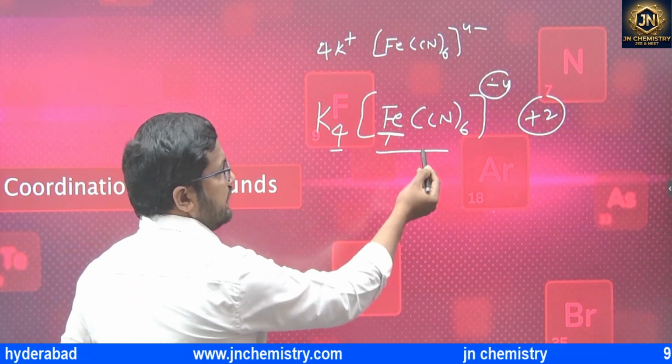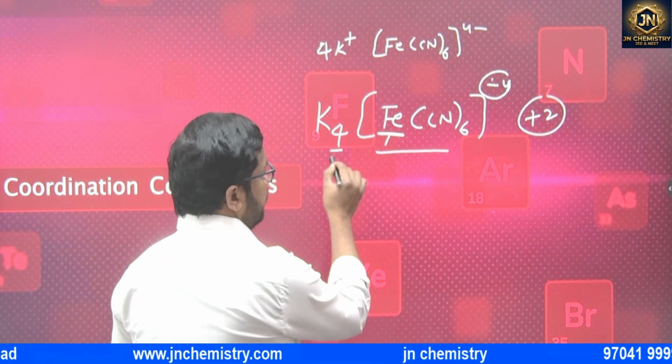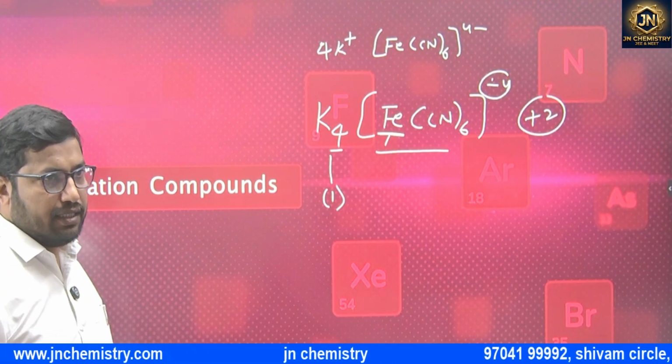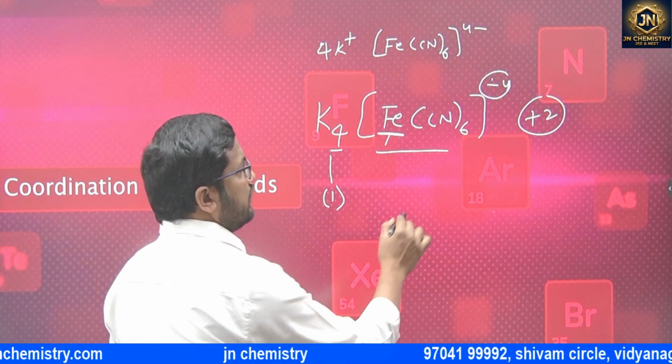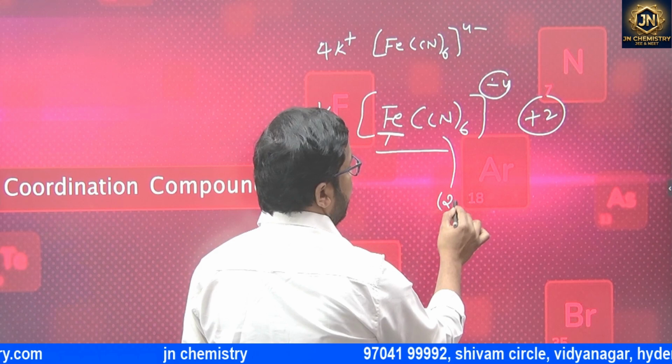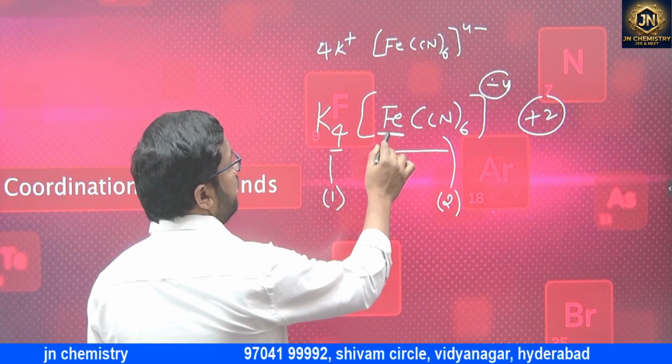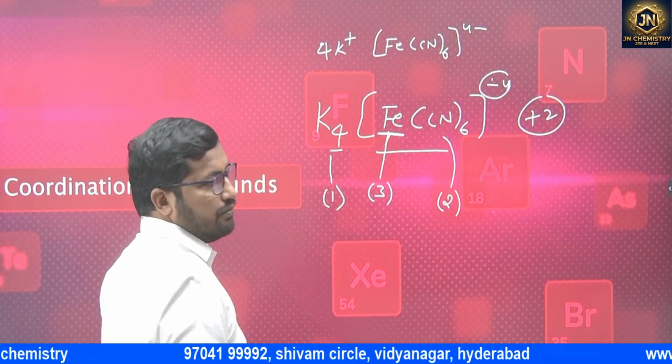So for K4[Fe(CN)6], first we write the cation, then afterwards the ligand, and third the central atom.